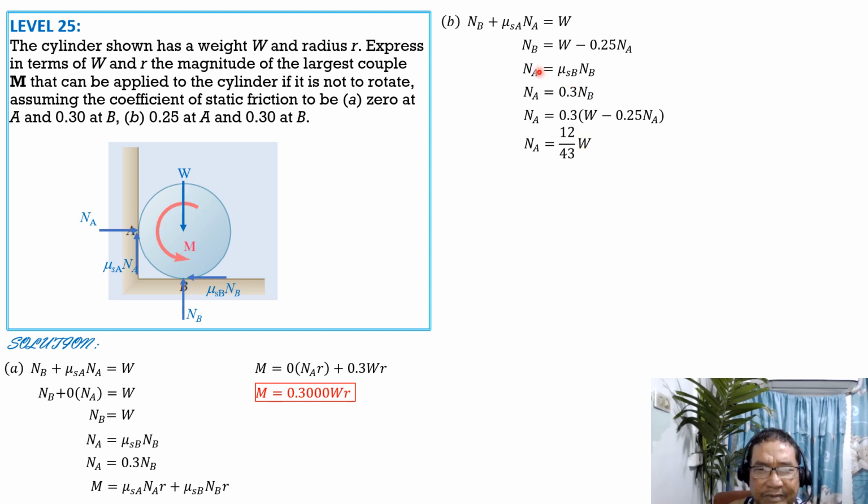Then substitute into this equation here to solve for N sub B in terms of W. So 12 over 43 W equals 0.3 of N sub B. So N sub B is 12 over 43 W over 0.3.